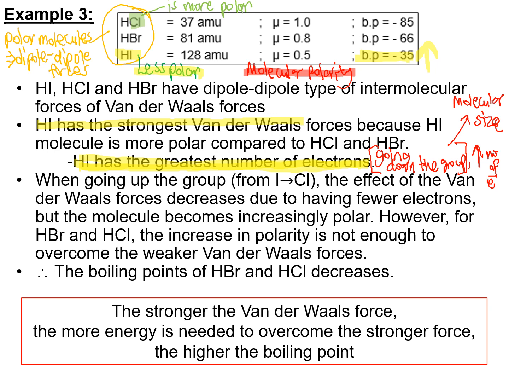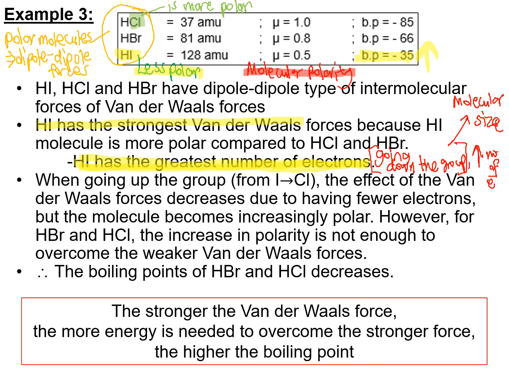Okay, so sekarang ni HI has the strongest van der Waals forces disebabkan HI, iodine ni going down the group, dia ada greatest number of electrons compared to Br dan juga Cl. Okay, and then kalau going up the group daripada I kepada Cl, although that we know that Cl is a more electronegative atom, tetapi kalau going up the group, dia punya electrons ni akan jadi berkurang.